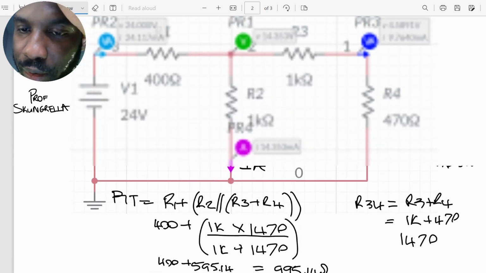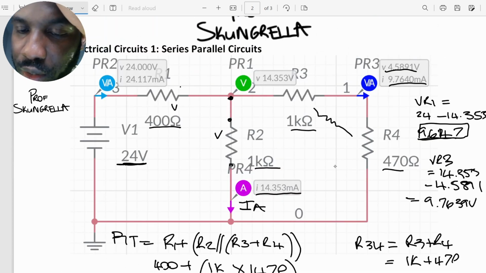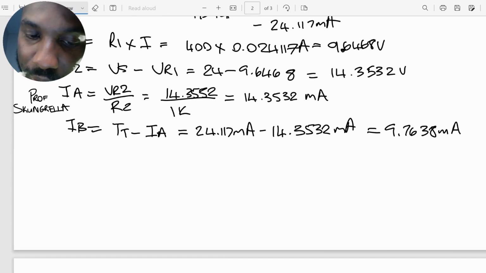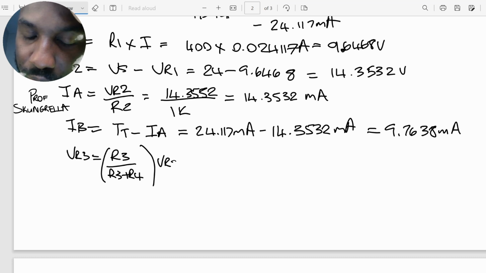And now, knowing the current, we can find the voltage across this resistor and that resistor. Again, the two voltages should add up to the voltage right here, so these two voltages should add up to VR2. Now we can simply use the voltage divider equation to find the voltages instead of using the current. VR3 is equal to R3 over R3 plus R4 times VR2. So the voltage drop is a fraction of VR2.